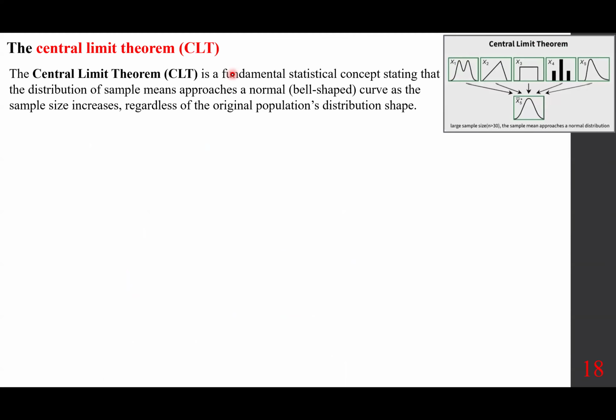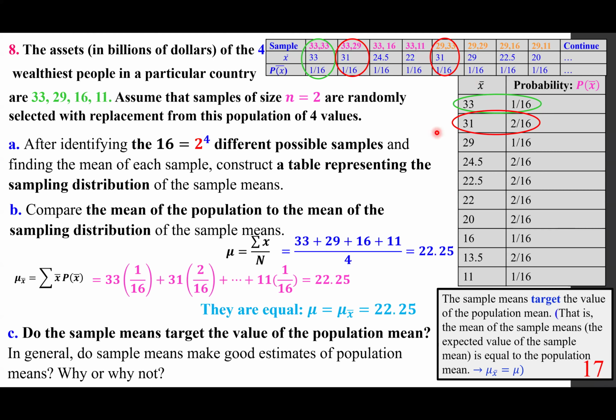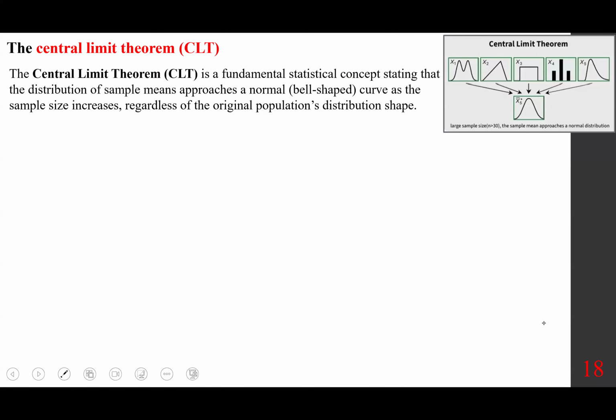limit theorem. The central limit theorem, or CLT, is a fundamental statistical concept stating that the distribution of sample means, going back to this concept, okay? This is the distribution of sample means, as an example, approaches a normal or bell-shaped curve as the sample size increases, regardless of the original population's distribution shape.